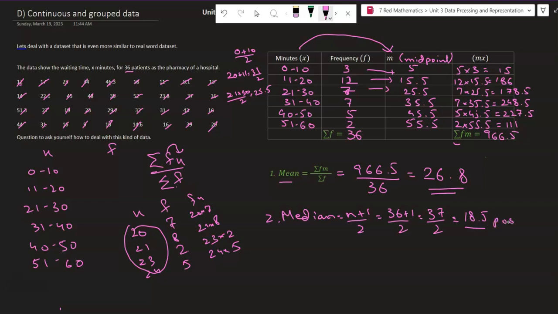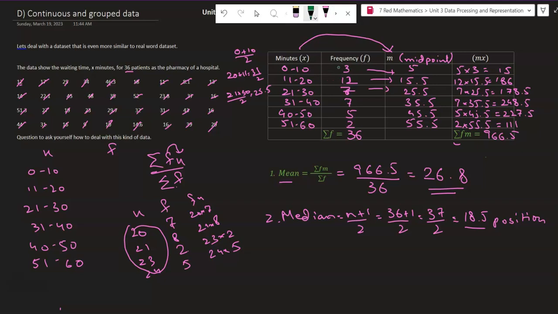So this is the position, and from this I can see that the frequency here is 3 values between 0 and 10, and then we have 12 frequencies. Let's use the other color so we don't mix things up.